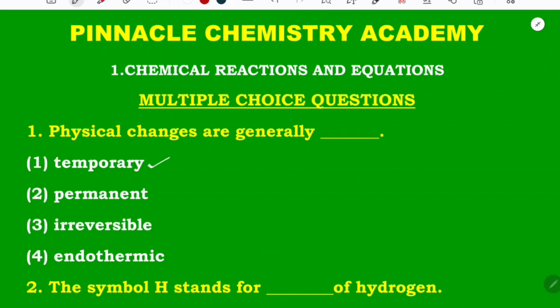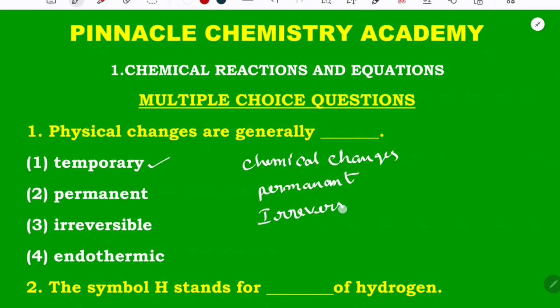So why are we choosing this answer? Generally we know chemical changes are permanent, irreversible, so we can't get back the reactants. Endothermic is also a chemical change.